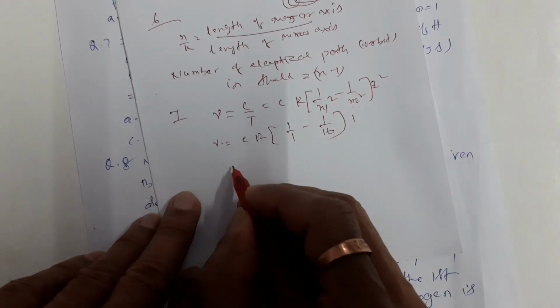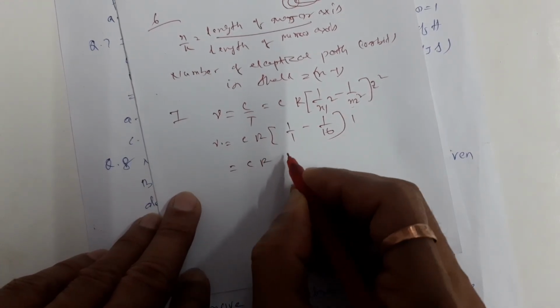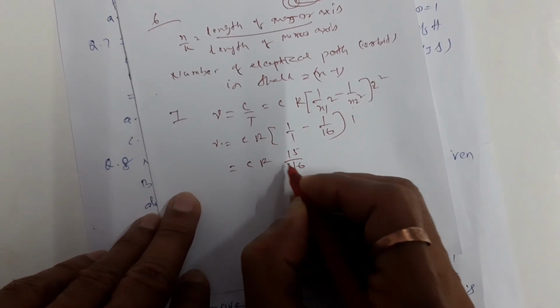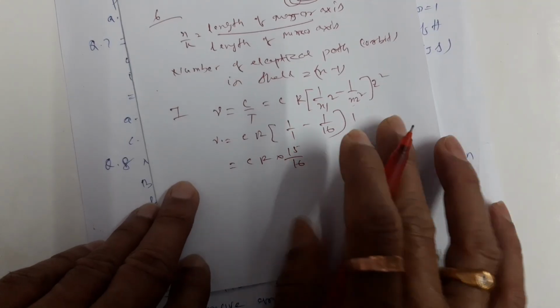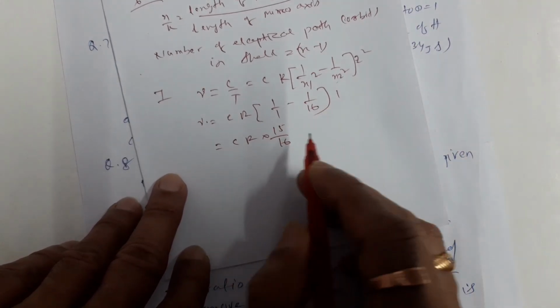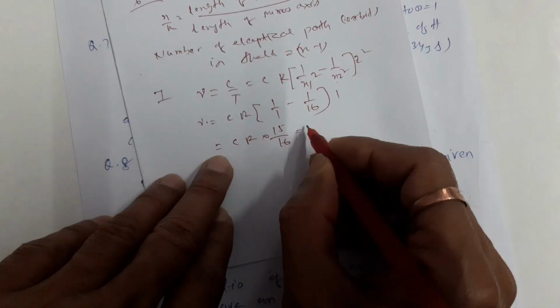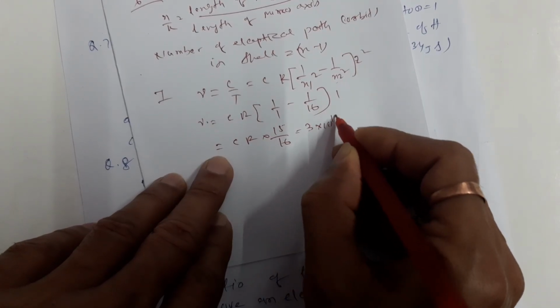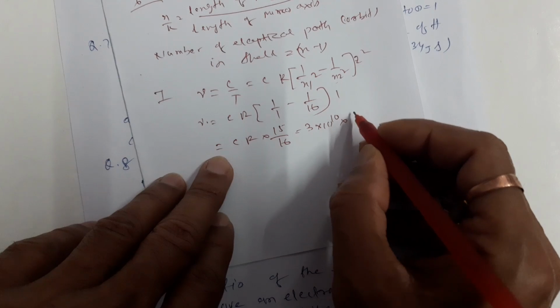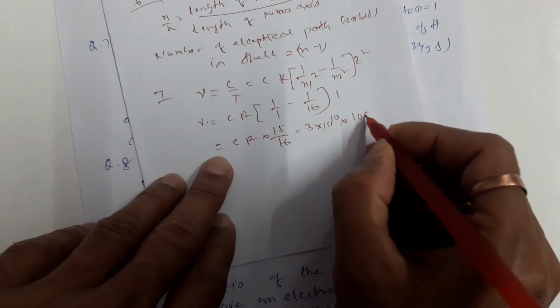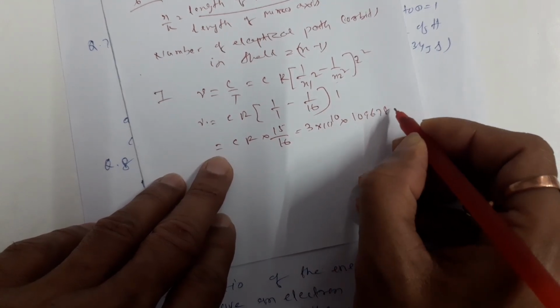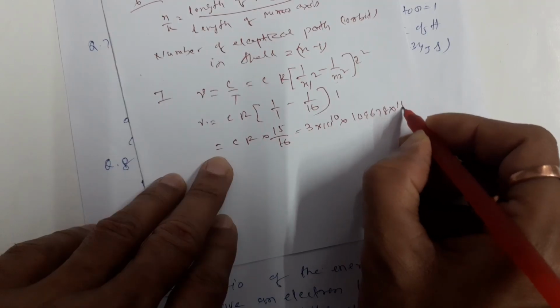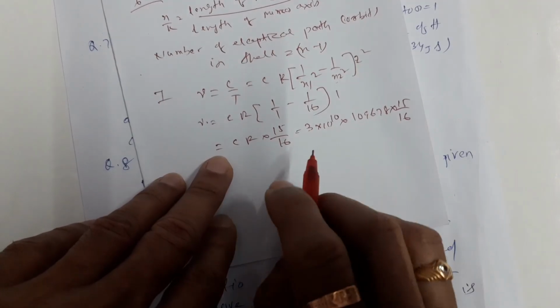So c R times 15 by 16. Put all these values: c is 3 multiplied by 10 to the power 10, R is 109,678, multiplied by 15 by 16.